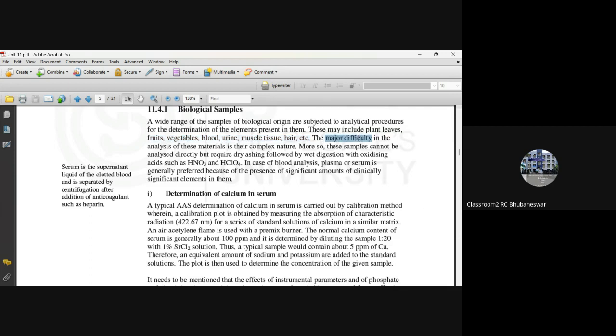The major difficulty in the analysis of these materials is their complex nature. Whatever you are taking, blood or any vegetable or fruit for the study, it is not a single element, there will be a mixture of elements present in there. So how to separate them, how to study them? It is very, very difficult to study. There must be different procedures for it, and you can eliminate some elements so that it will make things simpler.